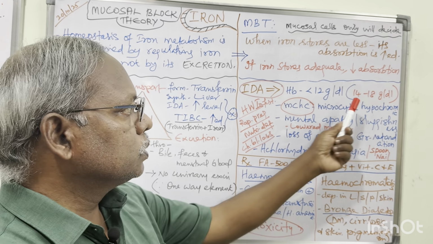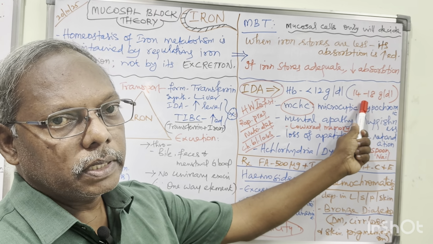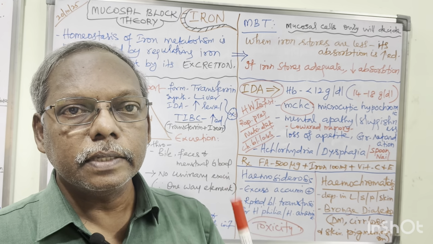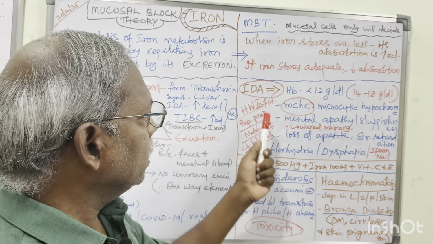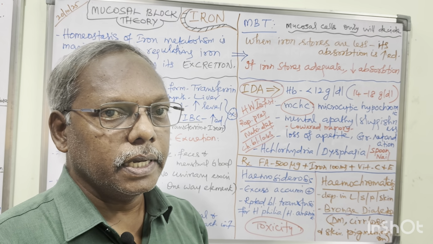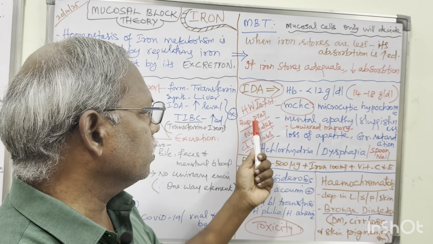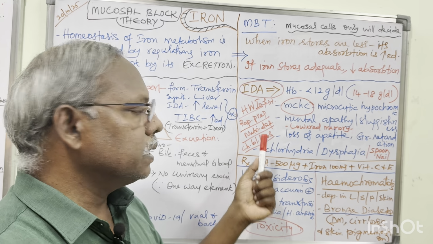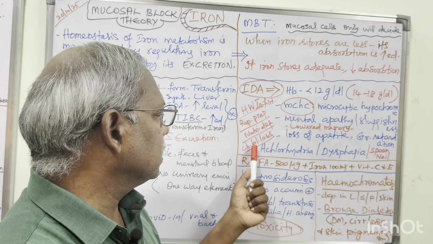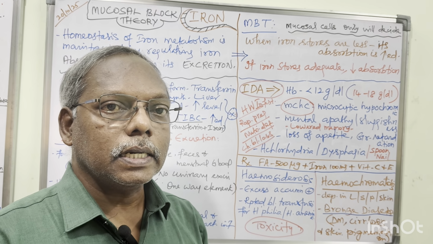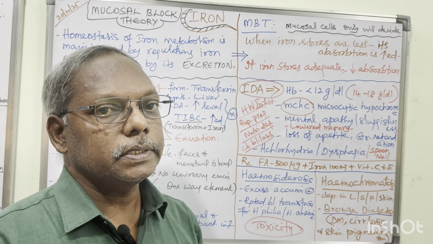So we all know the normal hemoglobin level is 14 to 18 gram per deciliter, but less than 12 means iron deficiency anemia. Okay. Hookworm infestation, that is the most common infection in India, worm infestation. Second one is repeated pregnancies. Next, nutritional deficiencies. And the last one is chronic blood loss conditions. These are all the causes that produce iron deficiency anemia.